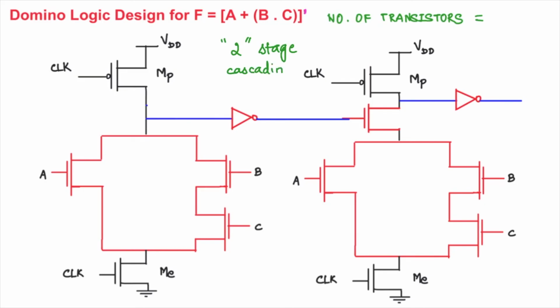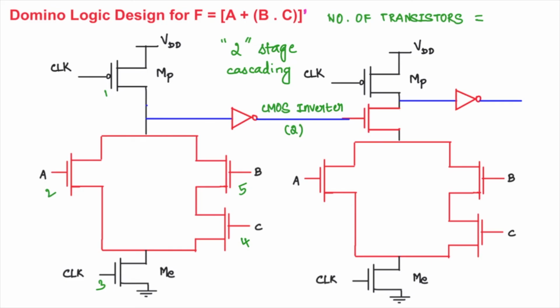So for two-stage cascading of dynamic logic gates, we require 1, 2, 3, 4, 5 transistors and one CMOS inverter. A CMOS inverter, a static CMOS implementation, will require two transistors, one PMOS and one NMOS transistor.